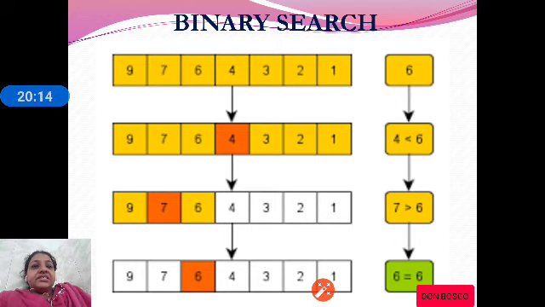As 6 is greater than 4, we conduct the search in the right part of the list, and then we compare until we get the searching element. If beginning is greater than end, then the search stops and the search is unsuccessful.